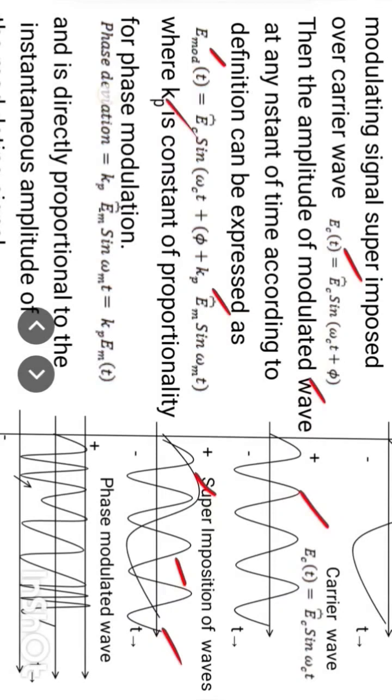Now phase deviation. Phase deviation is equal to Kp Em max sin omega m t. That is Kp Em(t).